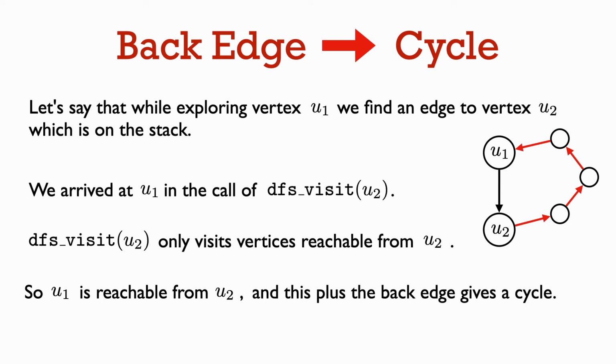So since U1 is reachable from U2, there is some directed path from U2 to U1. In fact, we can even find this path as it will be given by the edge-to relation. So this path from U2 to U1 plus the back edge from U1 to U2 gives a cycle. And this shows the first part of the claim.